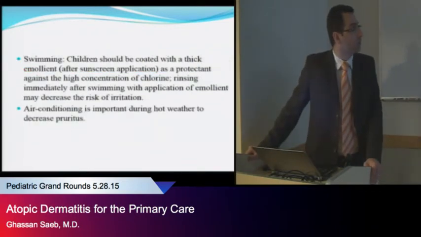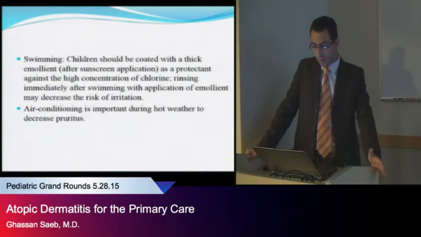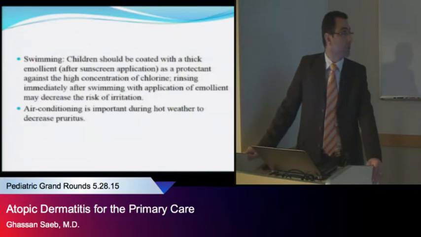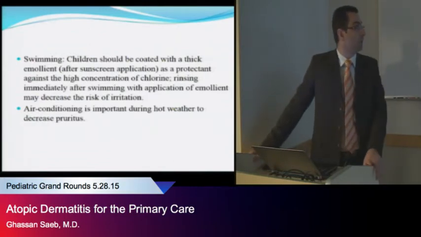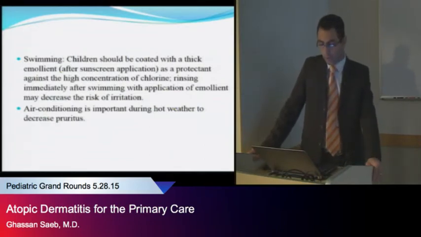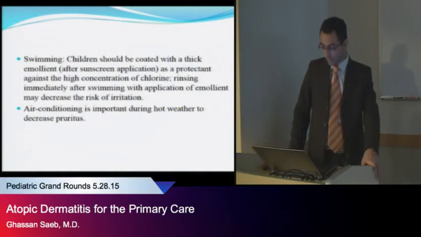For children who would like to swim, they recommend applying thick emollient after sunscreen application as a protectant against the high concentration of chlorine, and rinsing immediately after swimming with the application of moisturizer, and that can decrease the risk of irritation. Air conditioning is important during hot weather to decrease the itching.